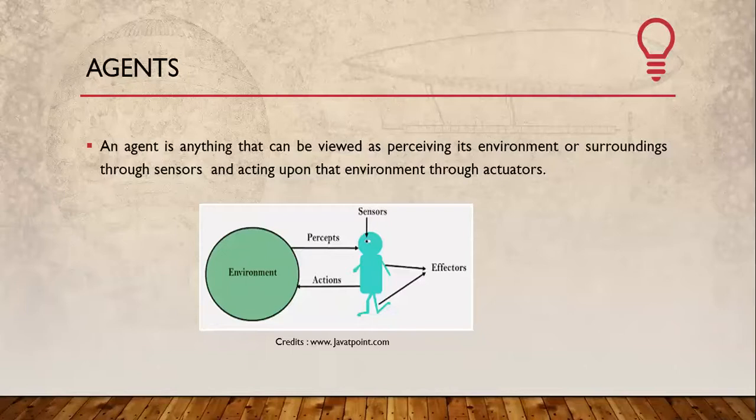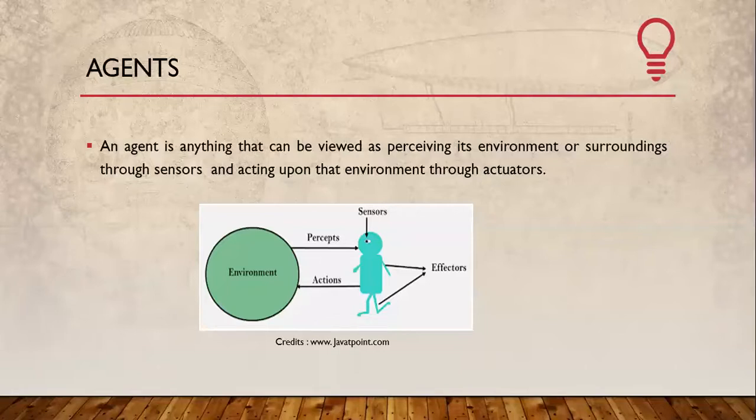That is nothing but a human agent. The major activity of an agent is that it will perceive from the environment or the surroundings through sensors, and then act upon the environment through actuators.